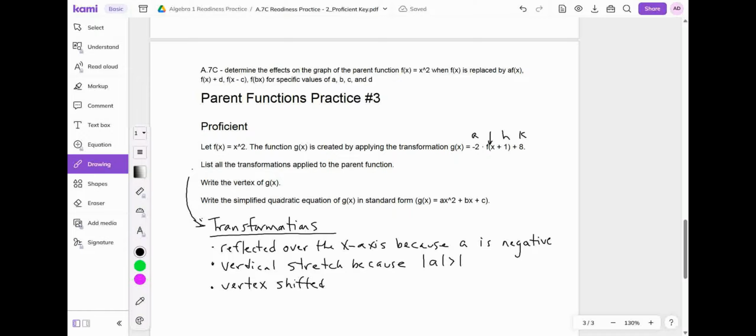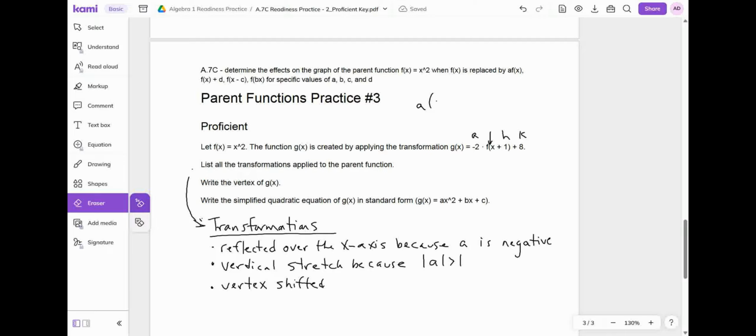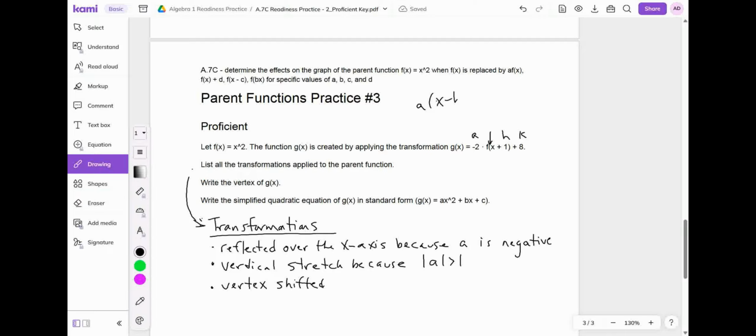All right, so here's the thing. Remember, it is A, and then we can say, we haven't had to do this with this video yet, A times x minus h squared plus k, right? That's what we typically look at. It's x minus h. So in order to get an x plus 1, I need to have an x minus -1 in order to get that x plus 1.